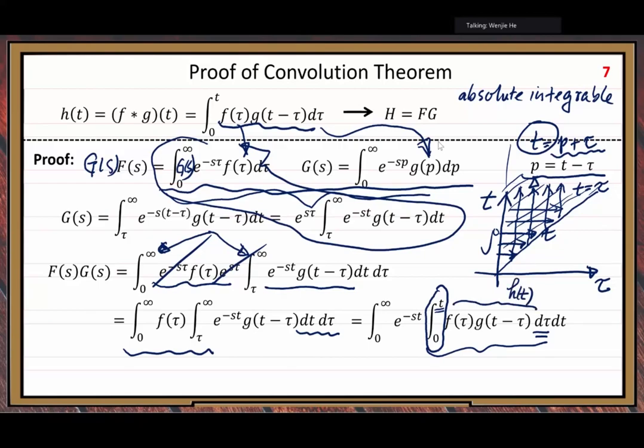The whole inner integral equals little h based on the definition. Then the outer integral is just the definition of the Laplace transform, so we can see it equals the capital H of s. So we prove the convolution theorem.